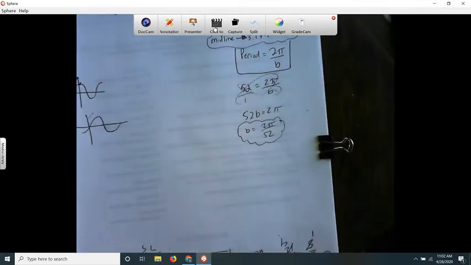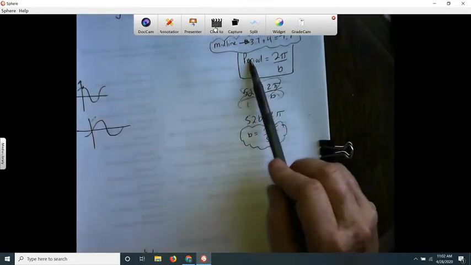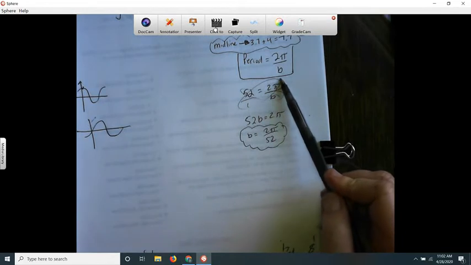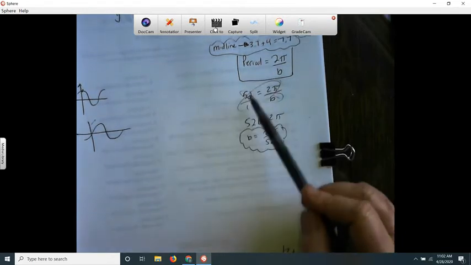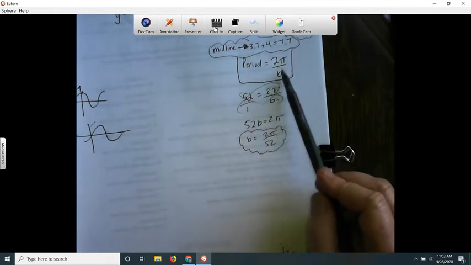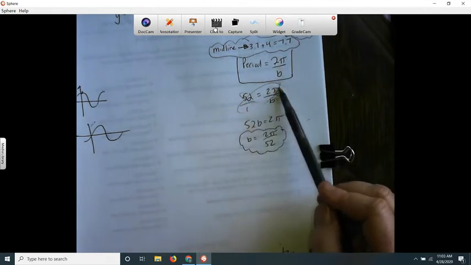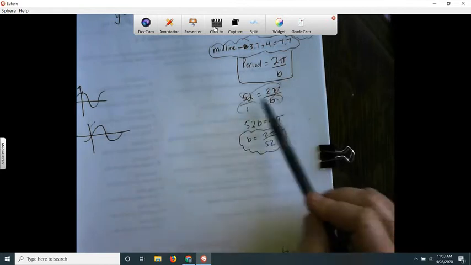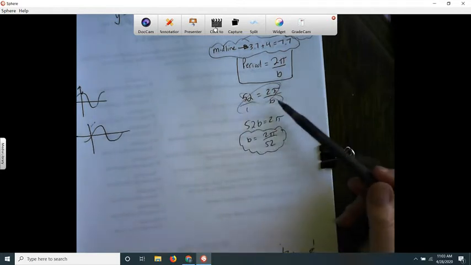If I say the period equals 2 pi over b, and I plug in 52 for the period, 52 equals 2 pi over b. Then I just do cross products. I'm just doing algebra to find out what b equals.